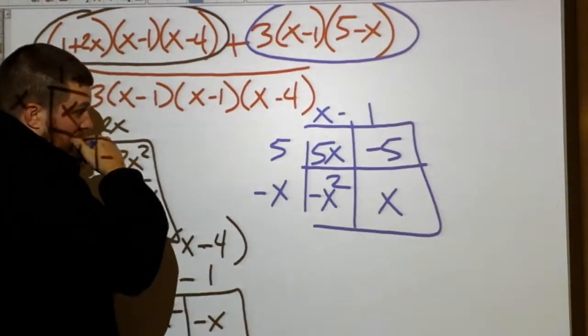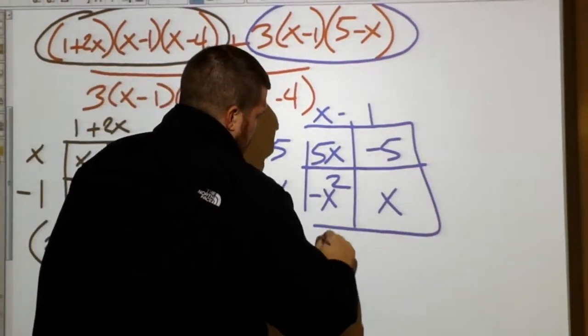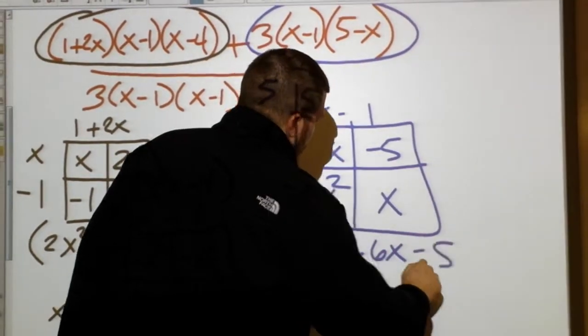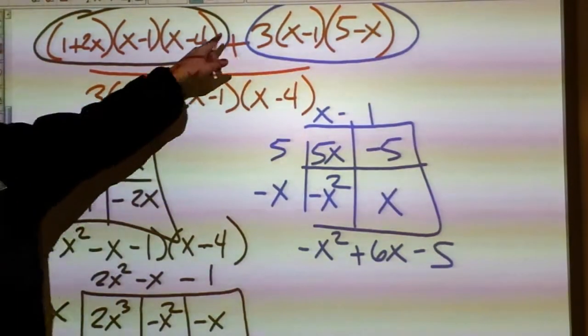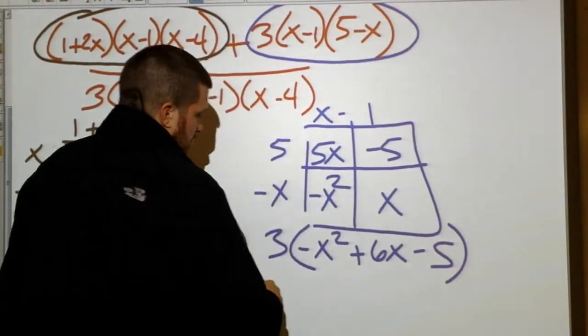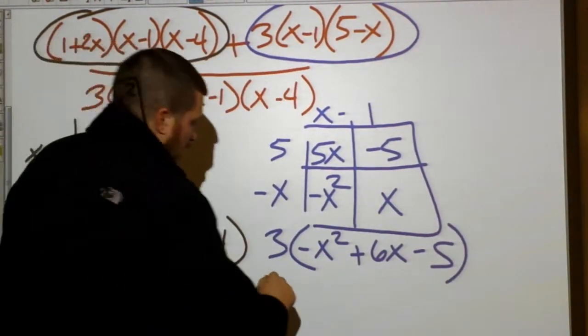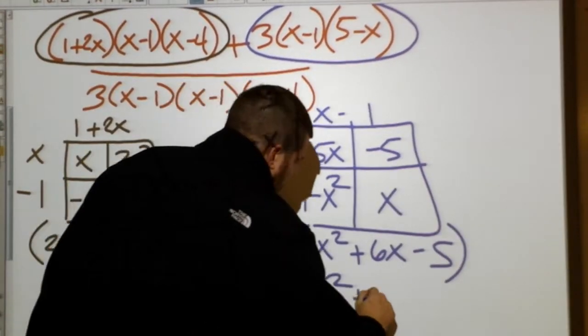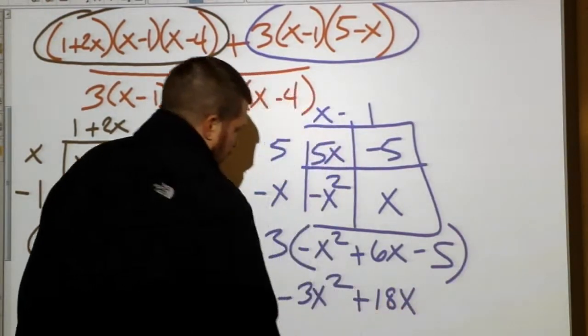Okay, and I want to combine like terms. So I have minus x squared plus 6x minus 5. Now, this 3 that was on the outside, I'm just going to multiply this trinomial by 3. So it's kind of like distributive property again. So we have negative 3x squared plus 18x minus 15.